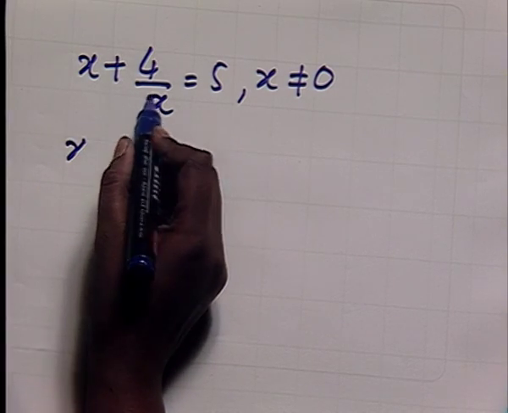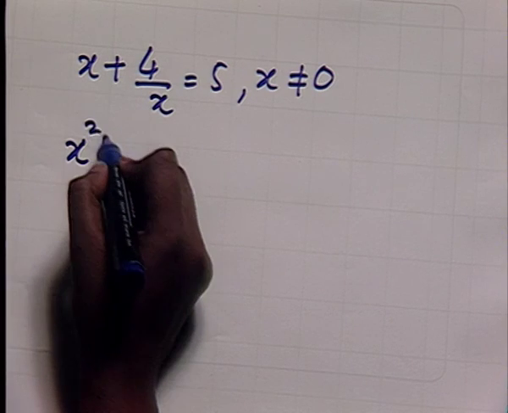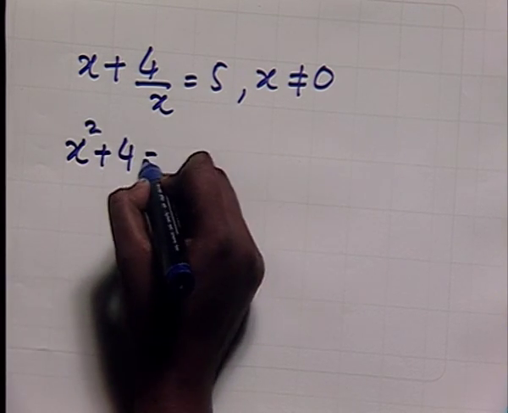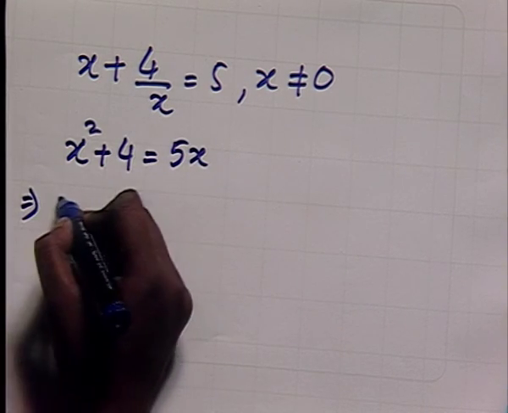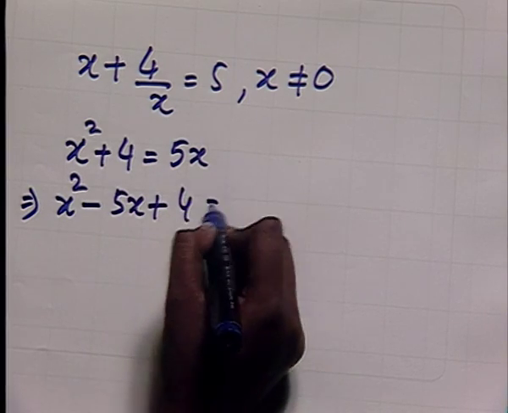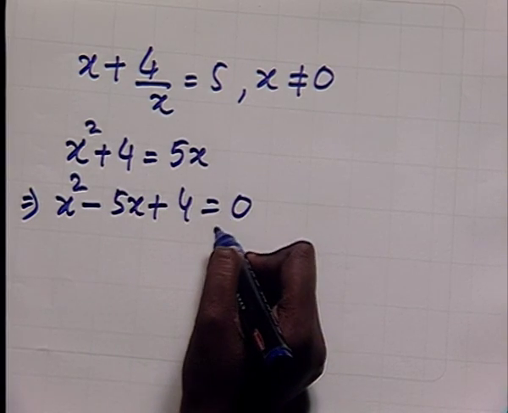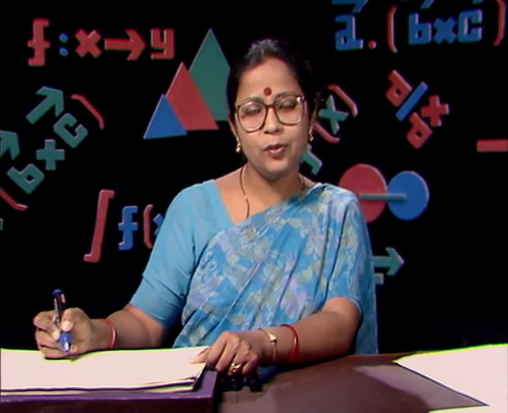If we multiply x on both sides of the equation, we get x square plus 4 equal to 5x, which can be further written as x square minus 5x plus 4 equal to 0. This is already a quadratic equation, so we know how to solve it. Can you tell what will be the solutions of this equation?